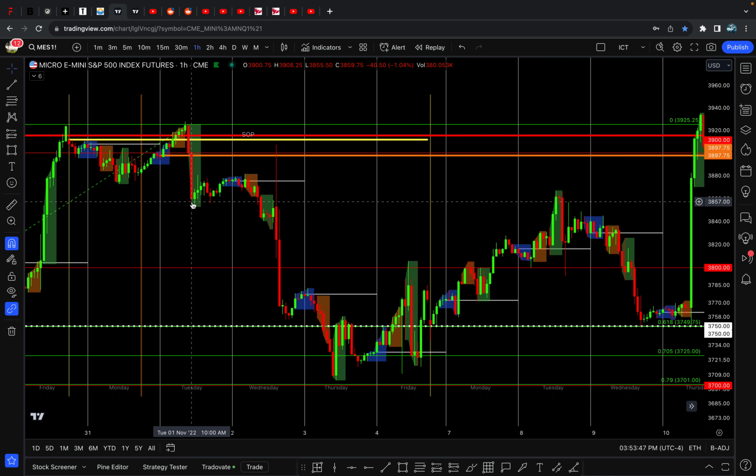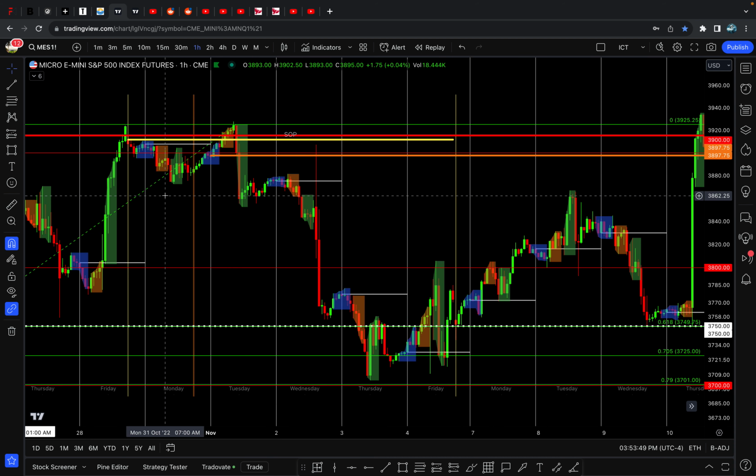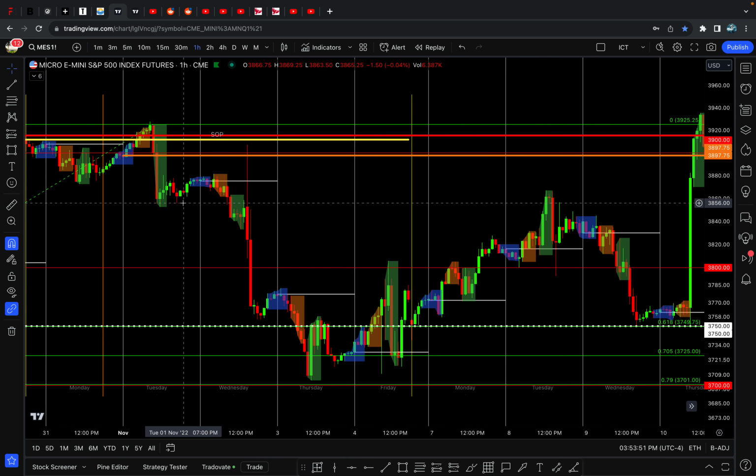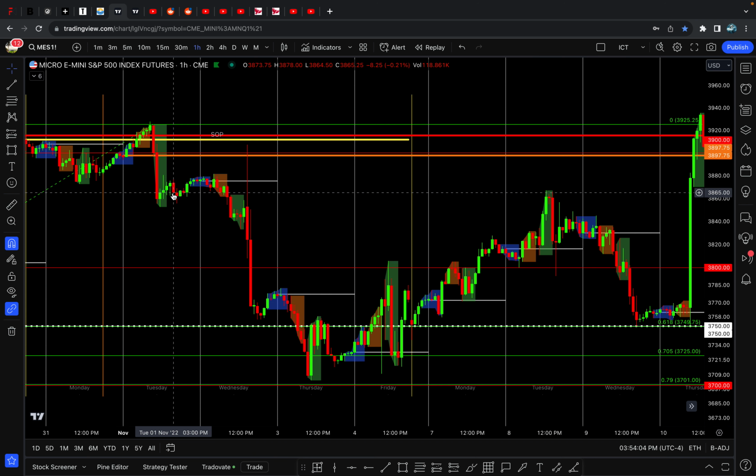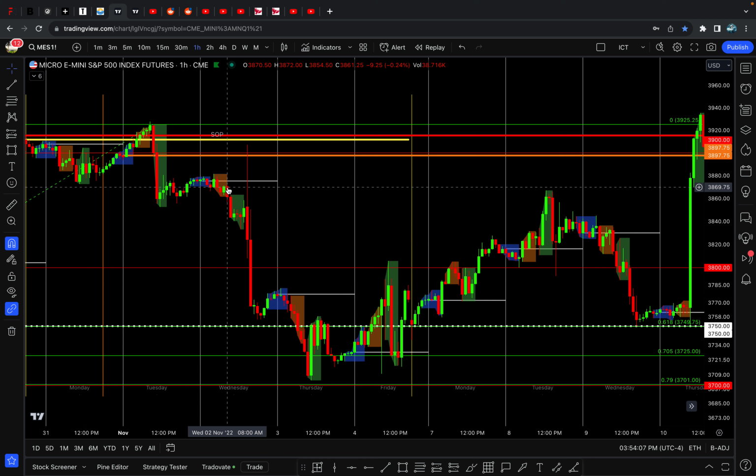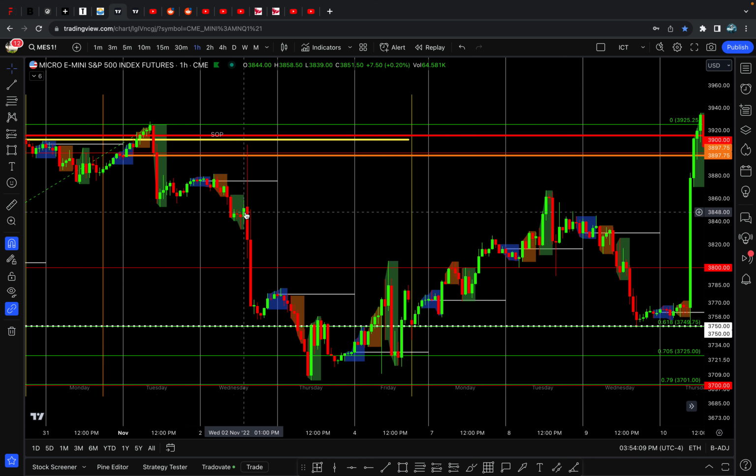Closes down here. You want to be out of the trade by about 1 p.m. or sooner, because the ideal time for this one was 11 a.m. as the ideal exit to be done. Because look at it, it's always a consolidation after New York, except for here.